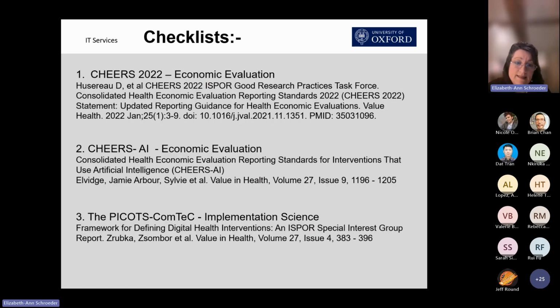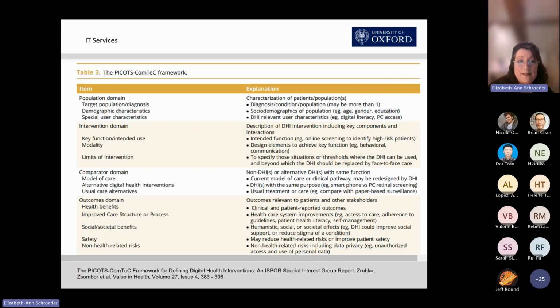The other checklist that has emerged in the last year extends economic evaluation of DHIs and AI to implementation science. Once again, this utilizes a PICO framework, hence PICO at the beginning of the framework's title.